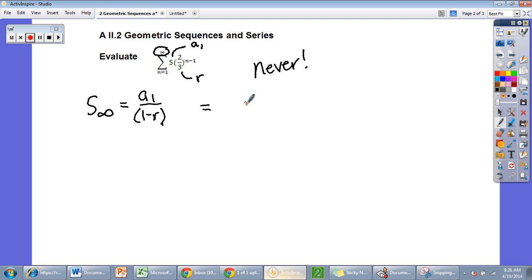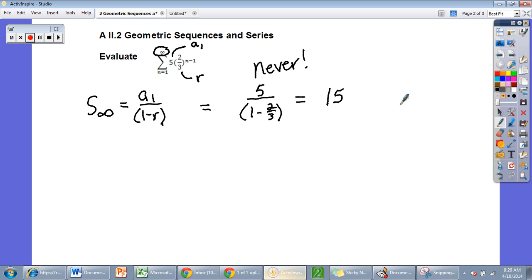So when you're calculating this, you're doing 5 divided by 1 minus 2/3. And when you type this into your calculator, you want to make sure that you do, just like it puts on the formula sheet, parentheses here, so that when you get the calculation, it follows the correct order of operations. When you do this, you should get 15.